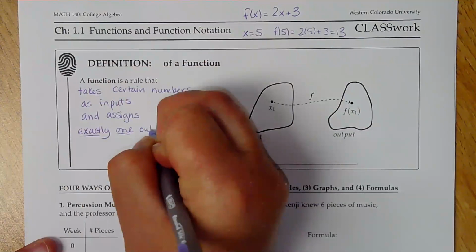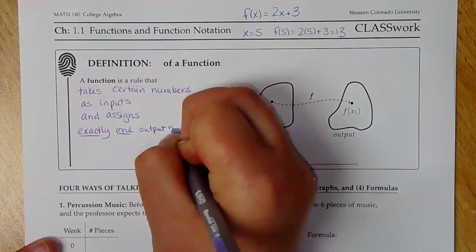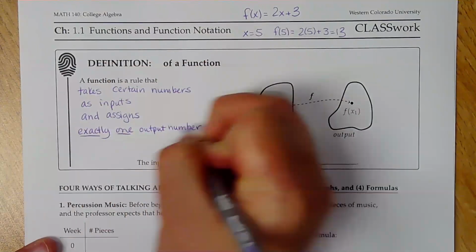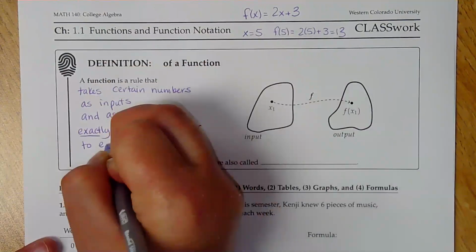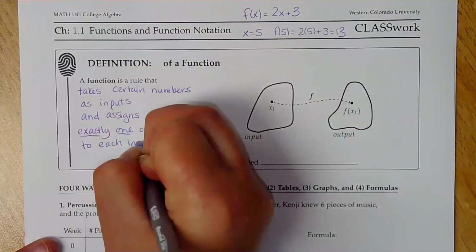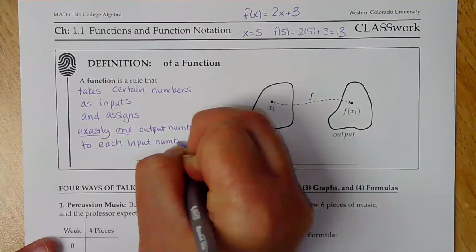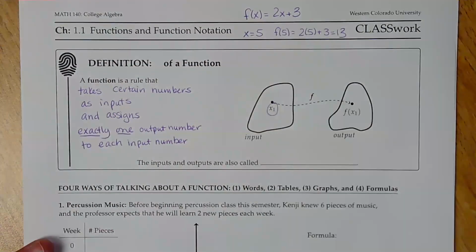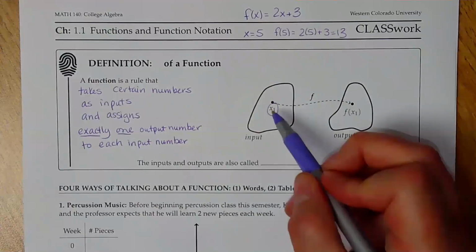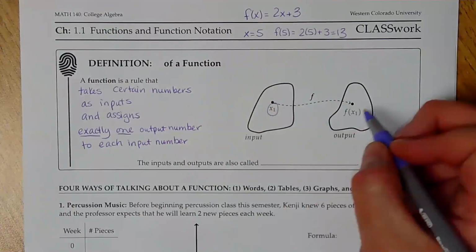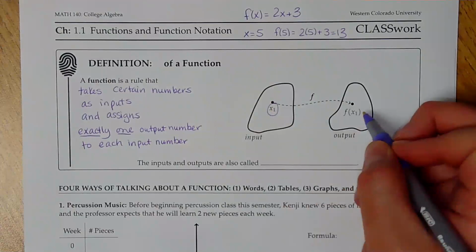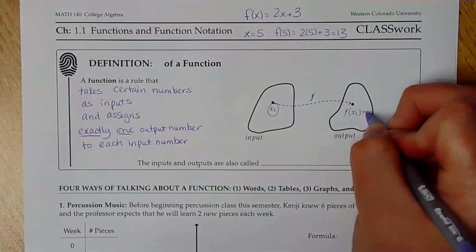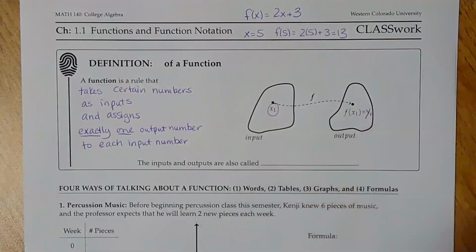So you only get one output number for each one of these input numbers. So picture-wise, we can look at this over here on the right. So if x1 is my input number, I can apply my function and I'll get my output number, which is f of x1, or commonly called y with a little 1 next to it.